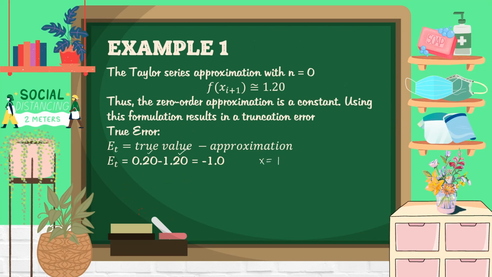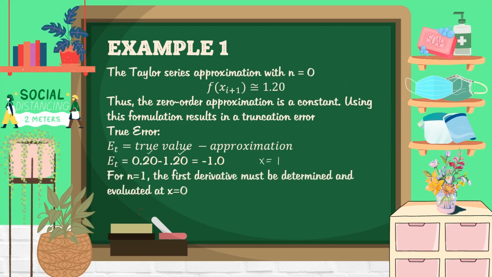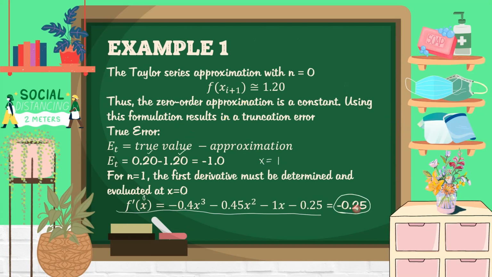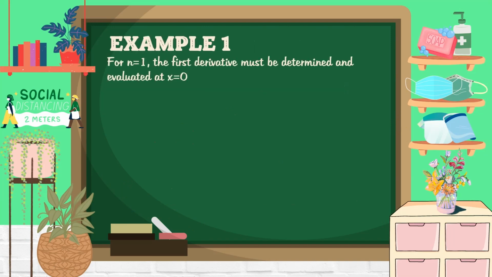So, for n equals 1, the first derivative must be determined and evaluated at x equals 0. The first derivative will be, go back to the equation later. This will be the first derivative of the equation substituting 0 for x. So, we will be able to have the value of negative 0.25.